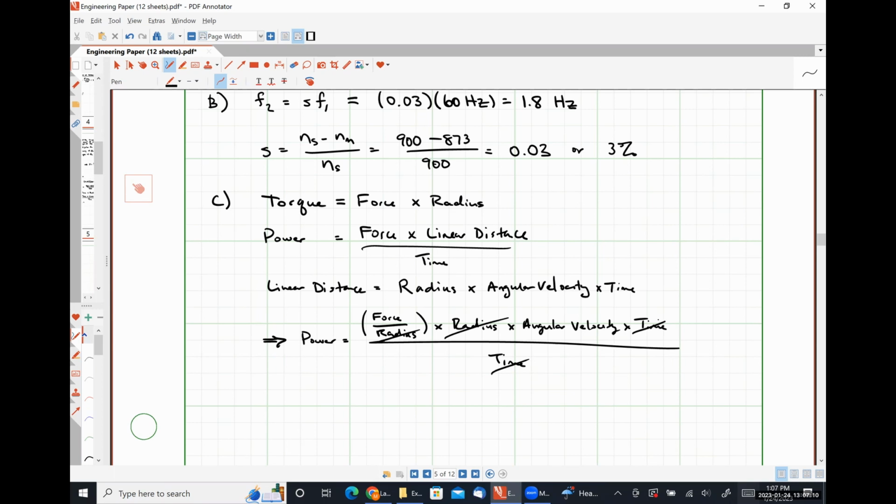Oh, sorry, this shouldn't be force over radius. This should be torque over radius. I did my substitution wrong, so my apologies there. And so we find out that power is torque times angular velocity.